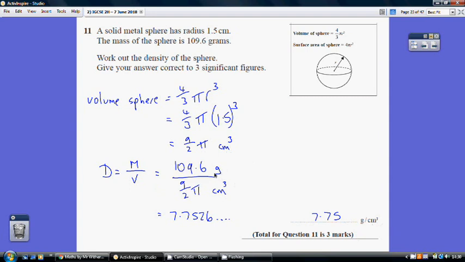The mass is already in grams. The volume is already in centimeters cubed, so there's no complications with this question. So we simply have to do 109.6 divided by 9/2 pi, giving me a density of 7.7526... which to three significant figures is 7.75 grams per centimetre cubed.